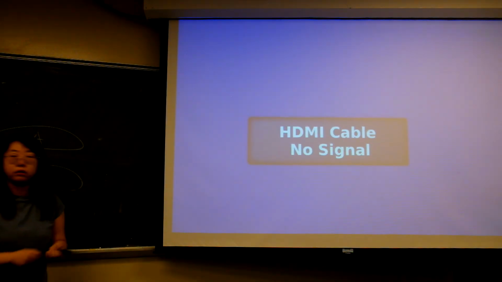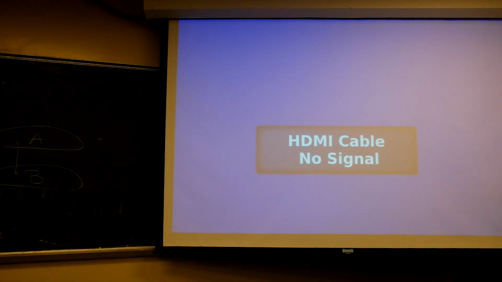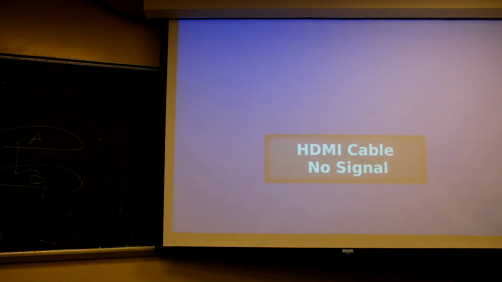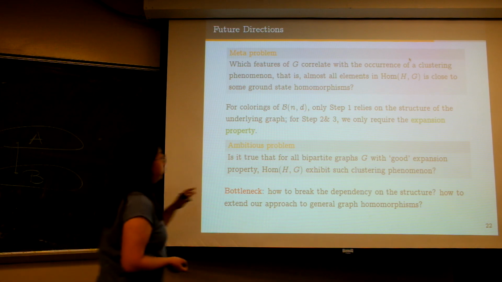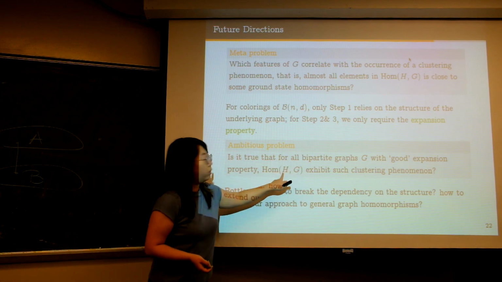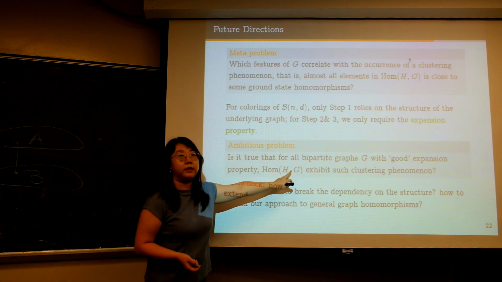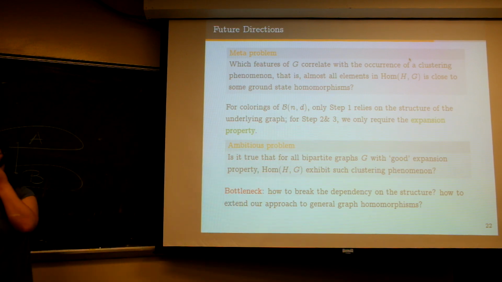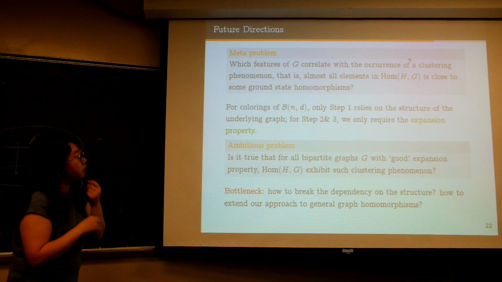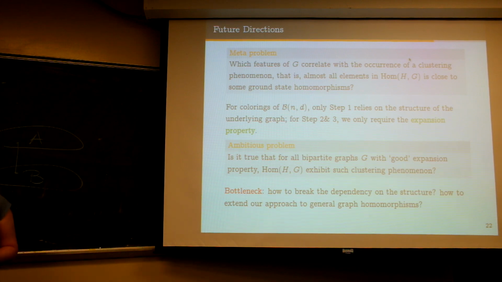I'm wondering what if the class of graphs G that you are considering is somehow unbalanced, like you have many more vertices in one part of the bipartition? You mean G or edge? For G, the graph you want to map into. Yeah. For things like hypercubes, they are balanced.